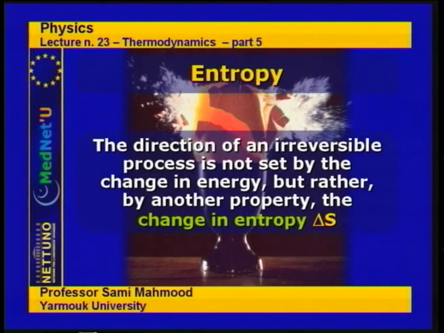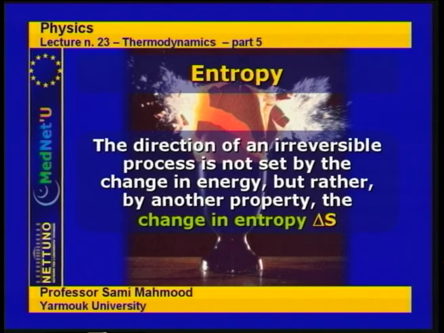What is this quantity that dictates the directions of certain processes, and that does not allow a certain process to occur while allowing another process to occur? This quantity is the so-called entropy.